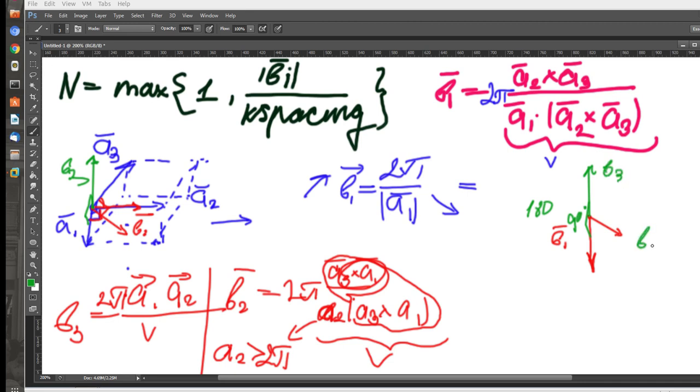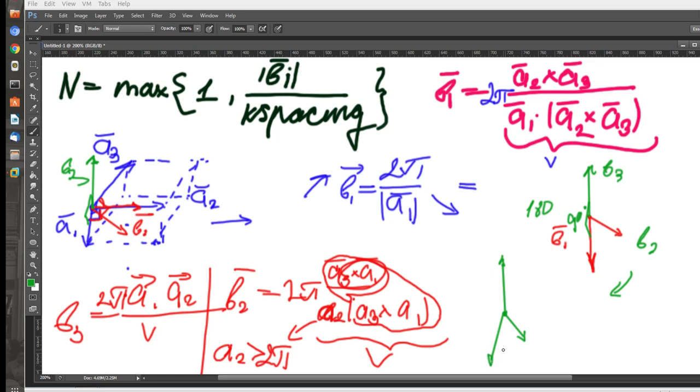This is b2. If we somehow rotate those vectors in reciprocal space, it should look something like that.